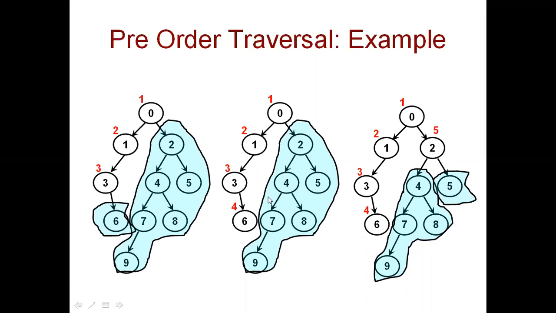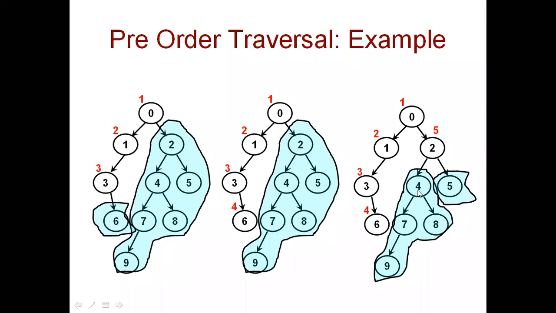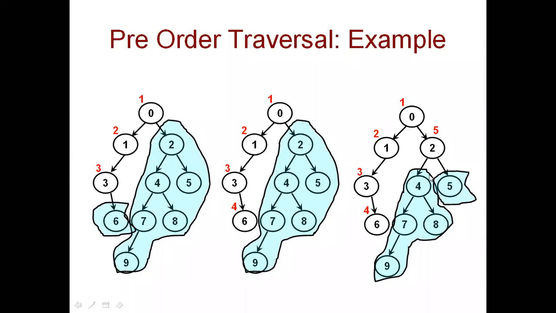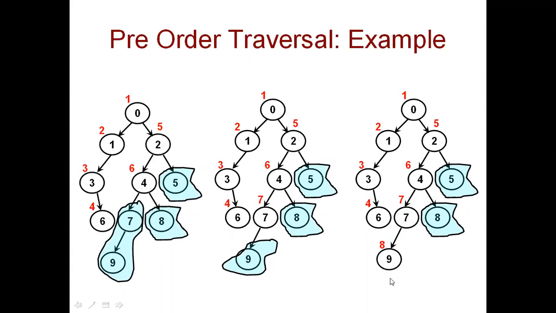So we have to go to the right subtree of node 0. So the right subtree of node 0, we start with the root node 2 and print it right away. Then go to the left subtree, which is comprising 4, 7, 8, 9, where 4 is the root of that subtree. So we print that 4 and go to the left subtree of node 4, which is 7 and 8.